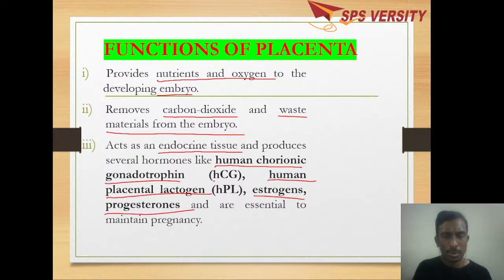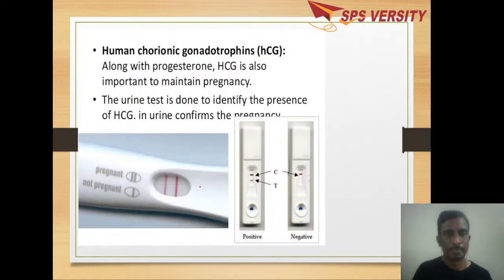But during pregnancy, only human chorionic gonadotropin and human placental lactogen are formed only during pregnancy.